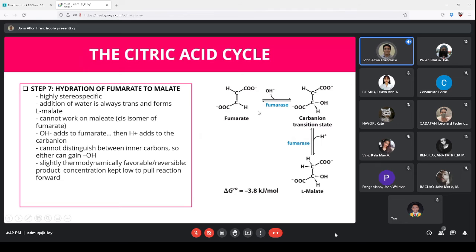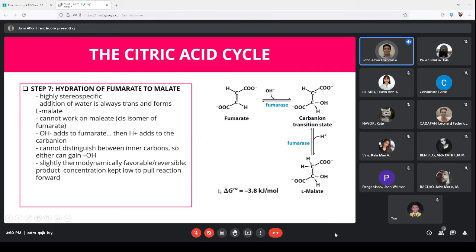So here, yung fumarate mo, in the introduction of the hydroxyl group from water, you will now have an attack in here, attack dito, then mamumove yung electron mo in this carbon, and you will produce a carbanion, which is your intermediate. Then after addition of proton, within also the fumarase, you will now have your L-malate.